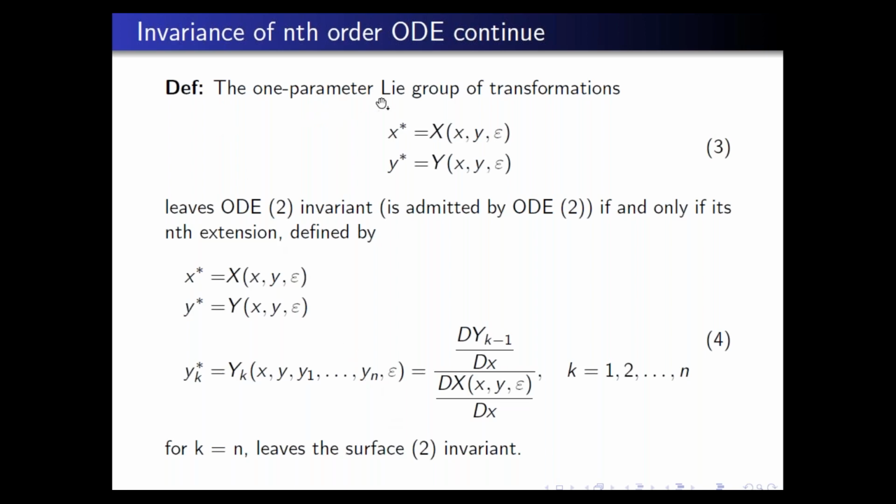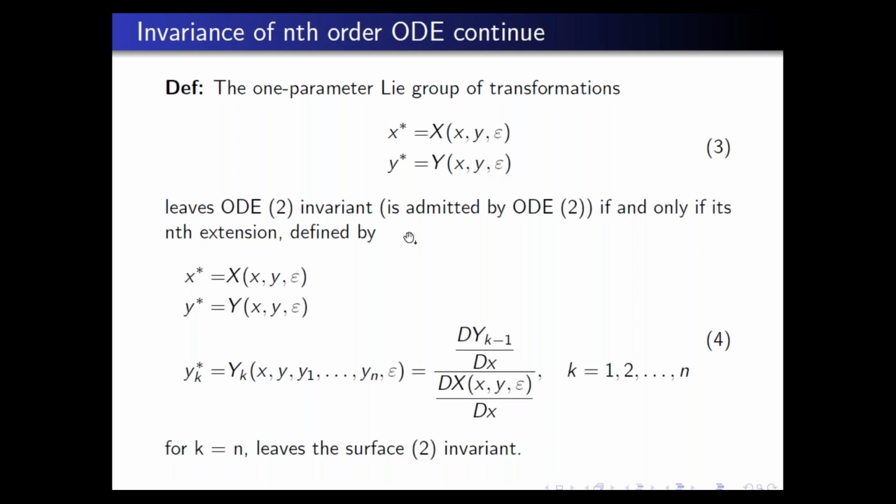Definition: the one parameter Lie group of transformation x star equal to X depending on the point x, y, and epsilon, y star equal to Y depending on the point x, y, and epsilon. Because we are talking about an ODE, we are taking only points x, y.